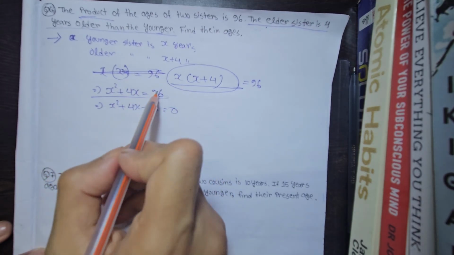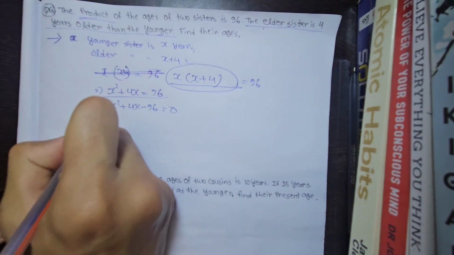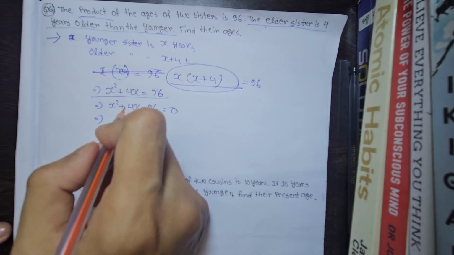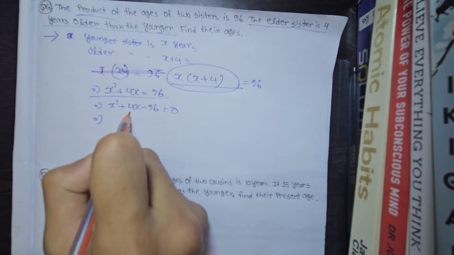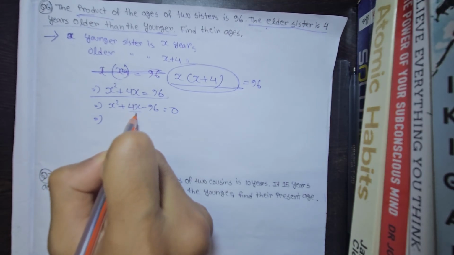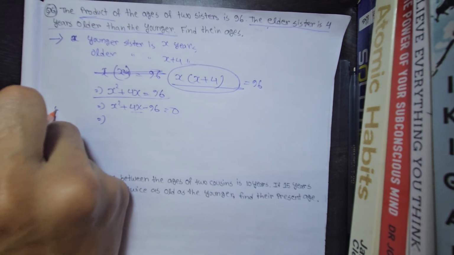We just took the 96 to the left side, and now it's a quadratic equation. As per the quadratic equation, we need values where the sum is 4 but the product is 96. Instantly it comes to my mind, 8 and 12.